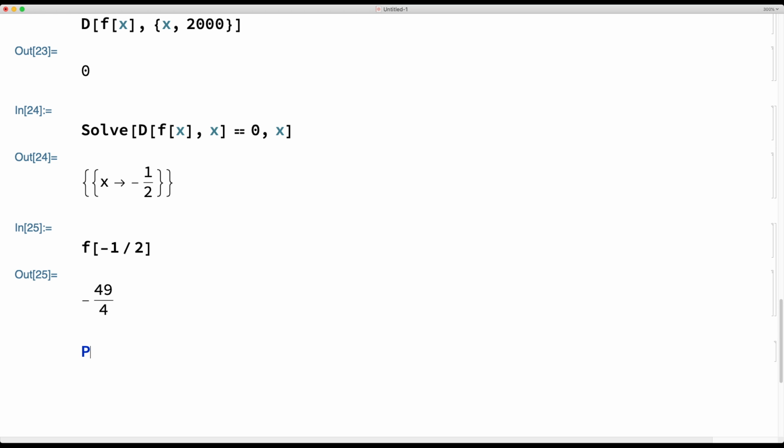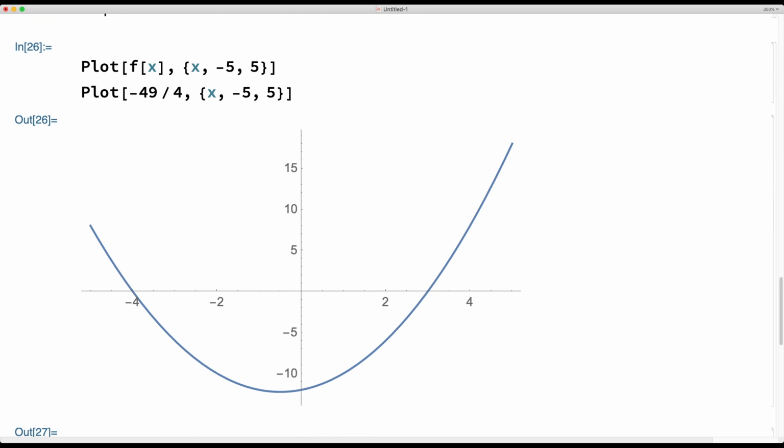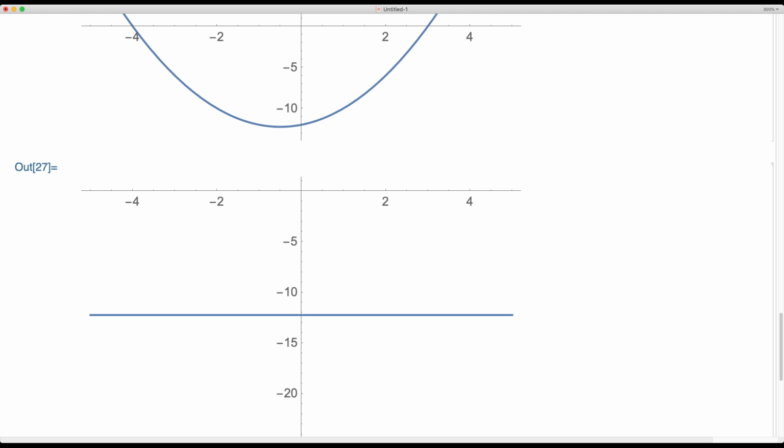How did I plot my original function? I did that, right? How would I plot negative 49/4? If I run both of those, I get two separate plots. I get my parabola again, and then I get a straight line again.